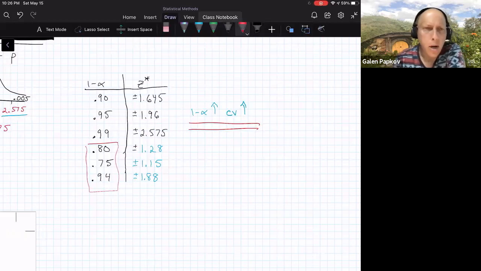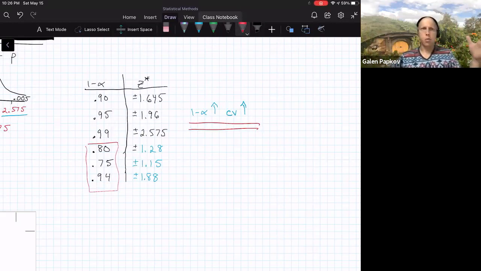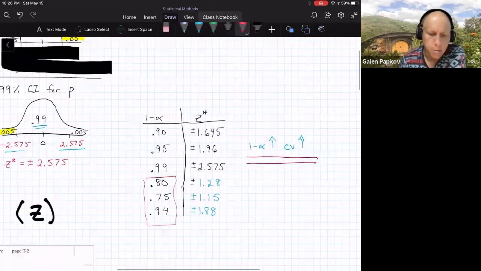So in other words, the more confident you want to be, the more error you should have, which is going to take you further to the left and further to the right from your point estimate. In other words, more confident, include more values in your interval. That's what's happening because your error is going to get bigger, and the bigger your error is, that means the wider your interval is going to be. So it's good to be aware of that interplay.